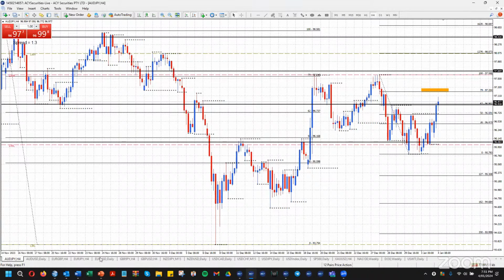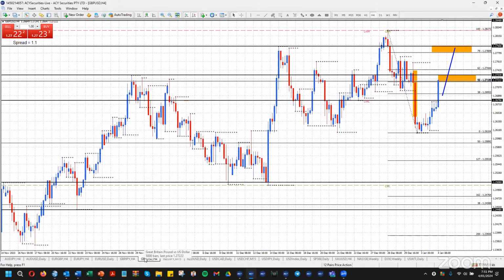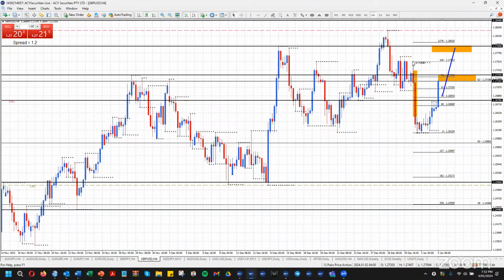We're probably going to see maybe some form of move up on the likes of the euro dollar and the pound dollar as we head towards the US job figures tomorrow. This is coming into that 62 level area right now from the higher time frame, and the 79% of this range.